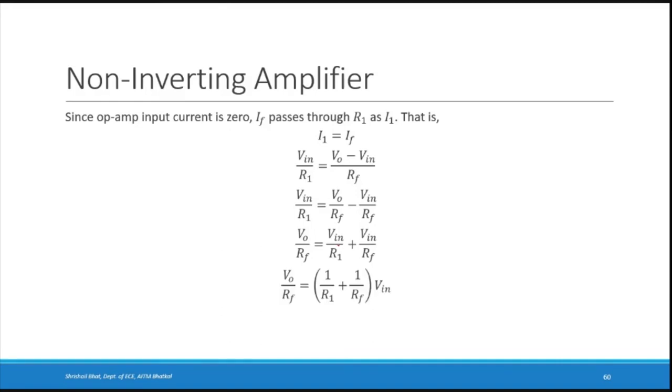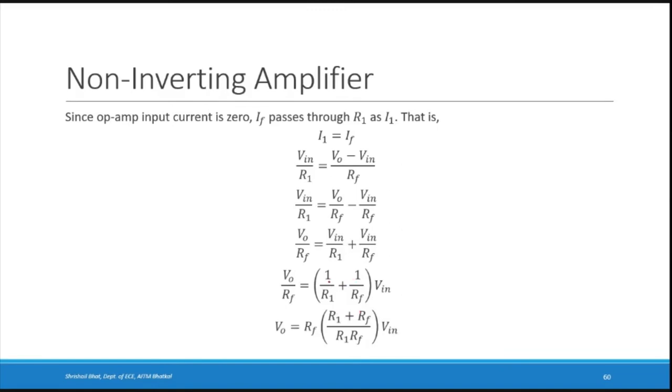Now here V in is common among these two. If I take V in as common, what will be the factors? 1 by R1 plus 1 by RF, times V in. Among these two, if I take the common denominator as R1 RF, what will be the numerator? It will be R1 plus RF, right?